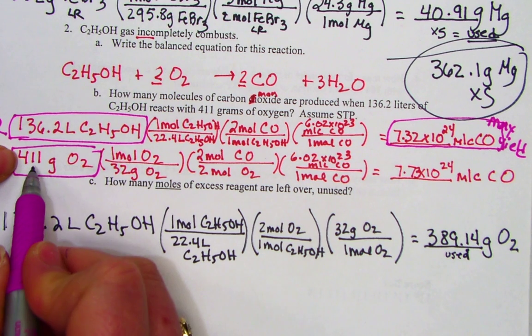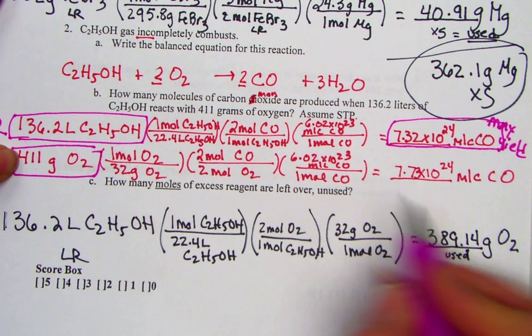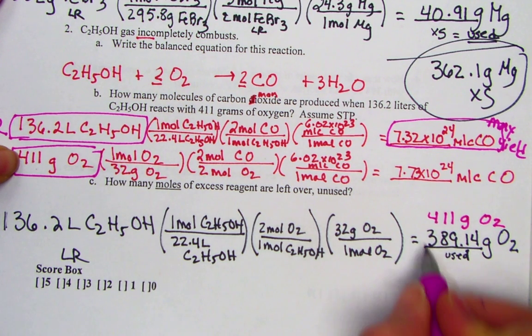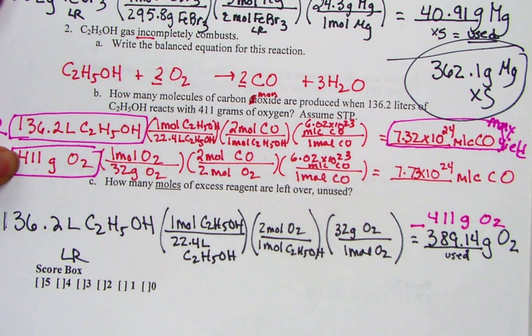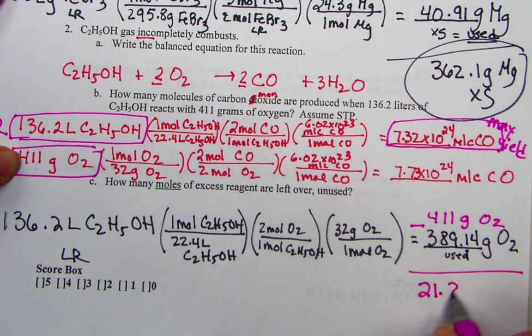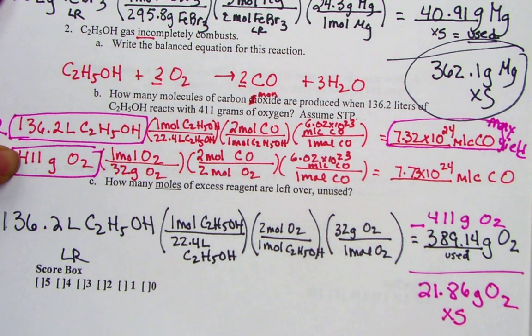Going back to see what we started with, we had 411 grams as the original mass of oxygen. Along the way, we used up 389.14. We'll take the difference between those: 21.86 grams of oxygen is the excess amount. But I noticed in this problem it asked me to report my answer in a mole unit.